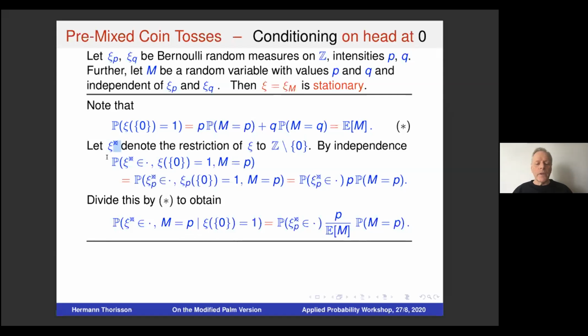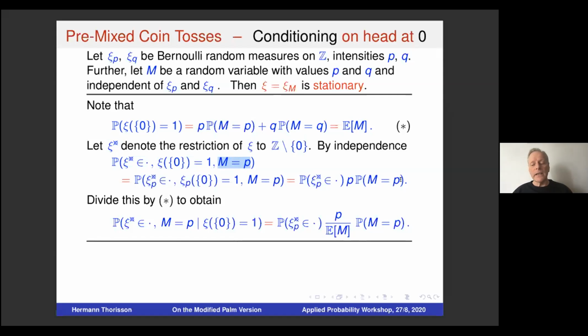Then if we look at what happens outside 0 and say there is a head at 0 and that M is P, then we can replace this by this and this by this. And now everything is independent here, so we get this.